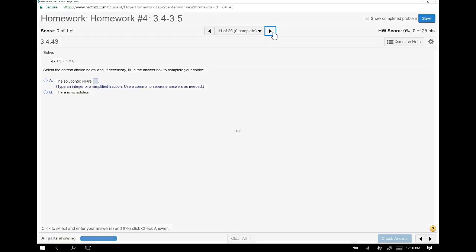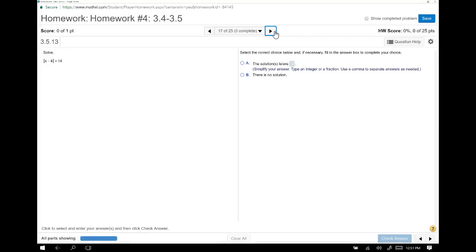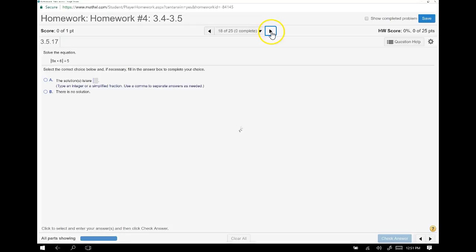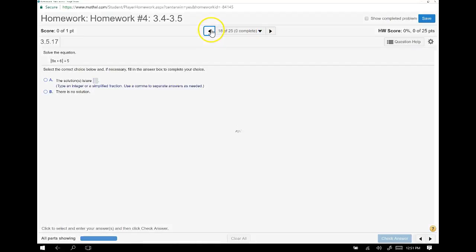They're not all square roots. Some of these are a little bit trickier than the others. And then it starts with the absolute value equations there at number 17. And that's section 5. All right, so let me go back.